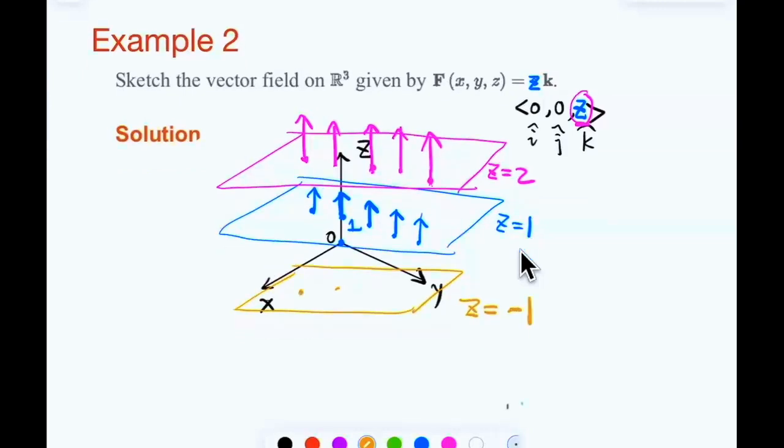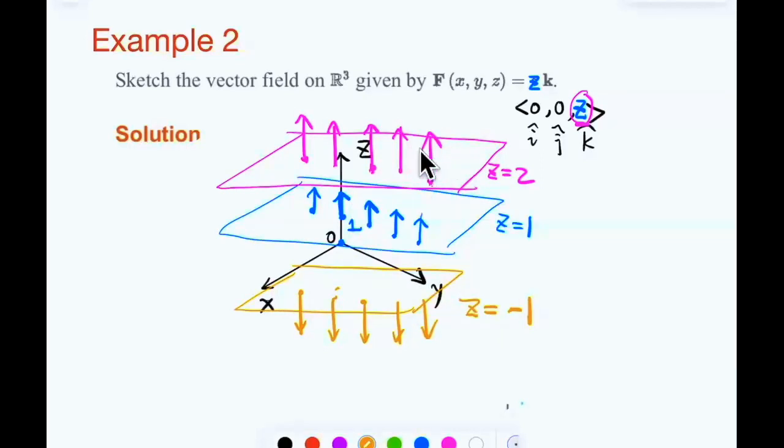Yeah, it's going to point downward like this. So you see the idea, right? You got the idea. So for every horizontal plane, they had the same vector, right? And depends on the d.